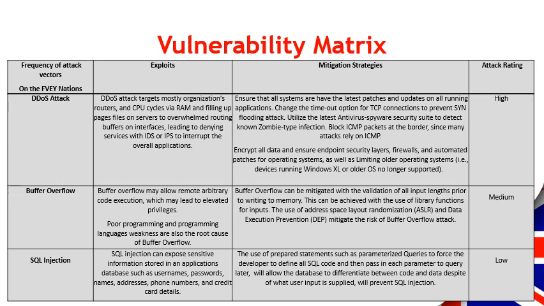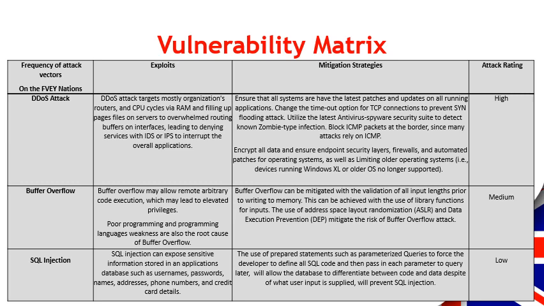Block ICMP packets at the border since many attacks rely on ICMP. Also, encrypt all data and ensure endpoint security layers, firewalls, and automated patches for operating systems, as well as limiting older operating systems, i.e. devices running on Windows XP or older OS no longer supported. A DDoS attack rating would be high.